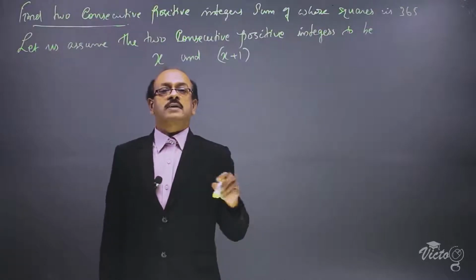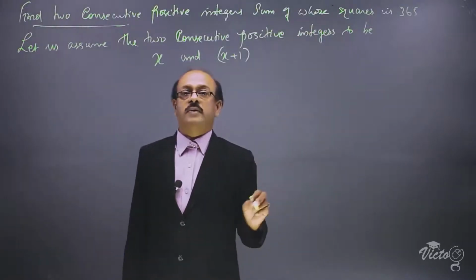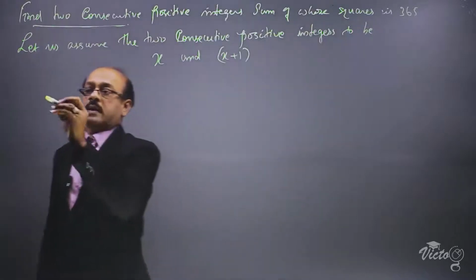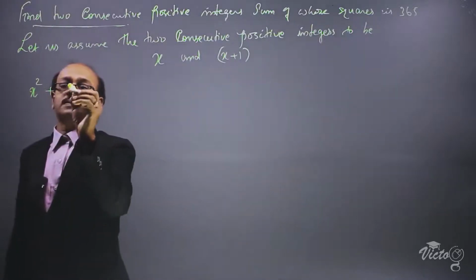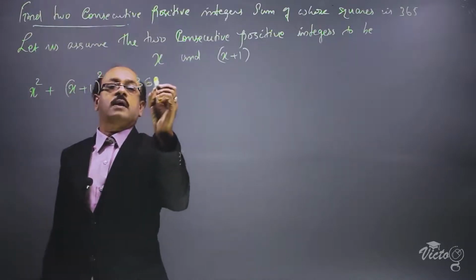Now, we are squaring and then adding the two numbers. The result will be 365. It is given. That is x square plus x plus 1 the whole square is equal to 365.